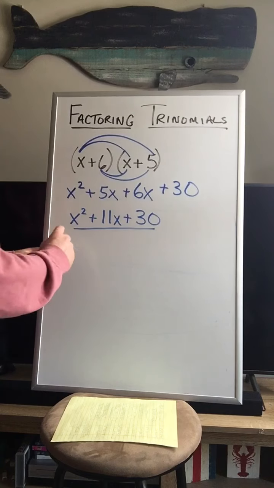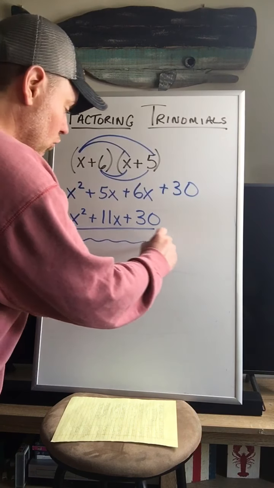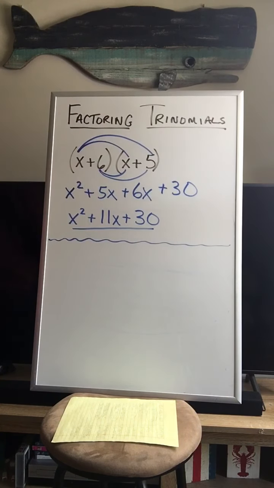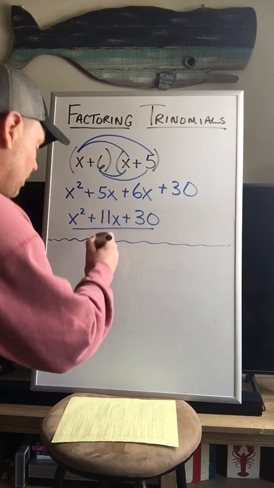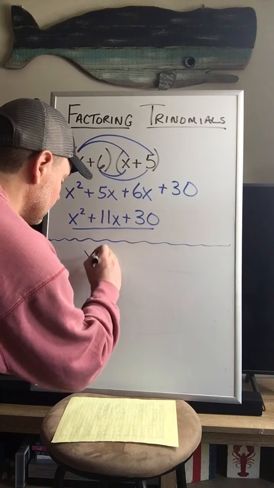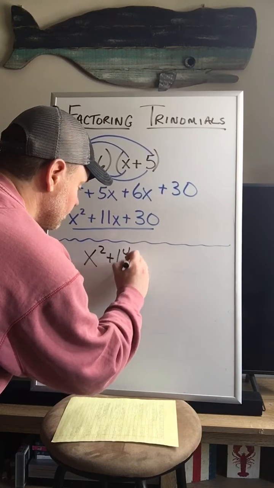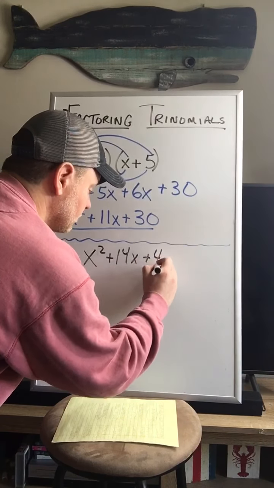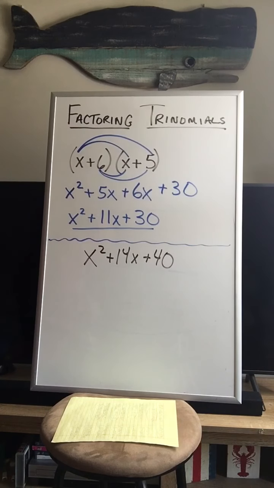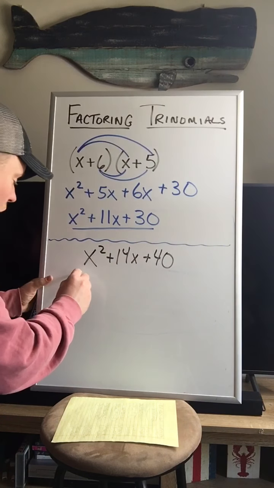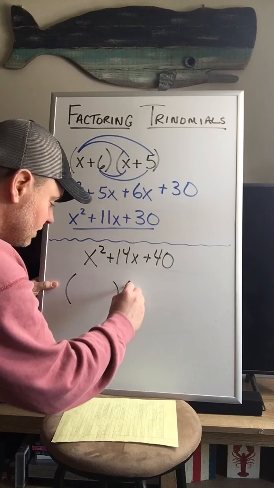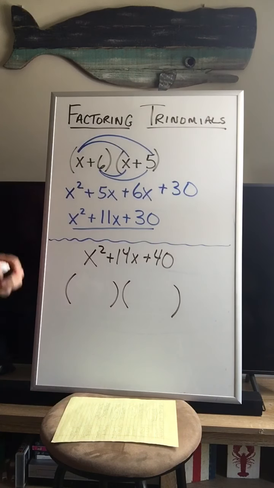Right? Well, what if I wanted to reverse that? What if I gave you the polynomial x squared plus 14x plus 40? That's already a trinomial, and I wanted you to factor that for me into two binomials.